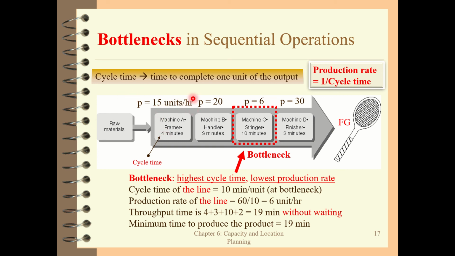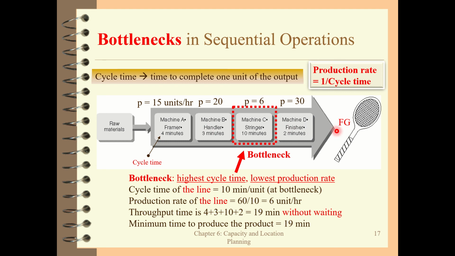In your exam, sometimes I give you the production rate and then you need to convert it into the cycle time. Here, for machine B, production rate is 20, machine C, production rate is 6, and machine D, production rate is 30. The machine which has the highest cycle time or the lowest production rate is the bottleneck of the line or the system.